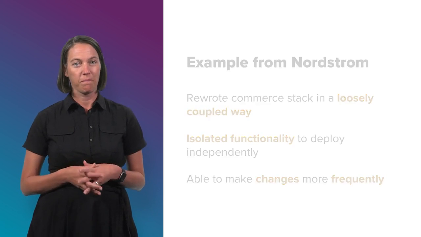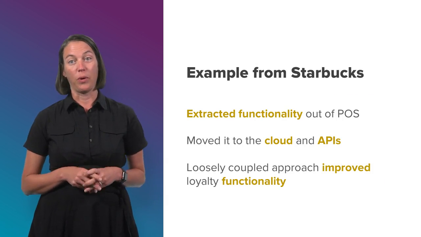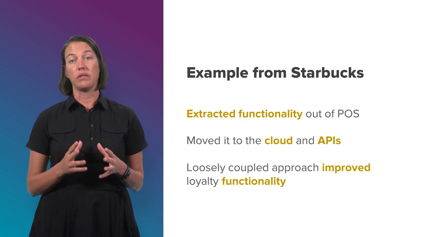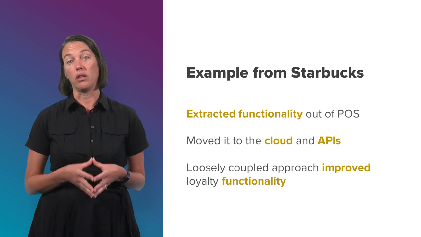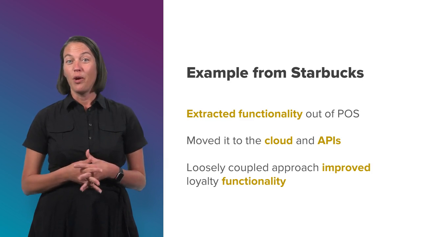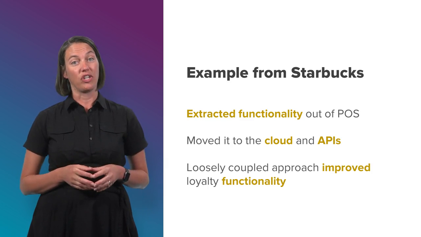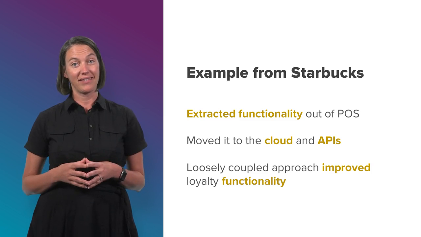At Starbucks, a lot of functionality was tightly coupled to the point of sale or POS software. This was due to years and years of building functionality into the POS because the architecture didn't support a loosely coupled approach. When we started to build the commerce platform in the cloud, we began extracting functionality out of the POS and moving it to the cloud and APIs.